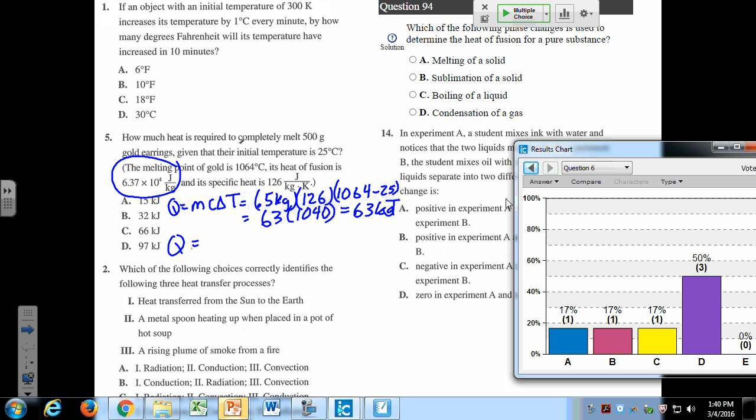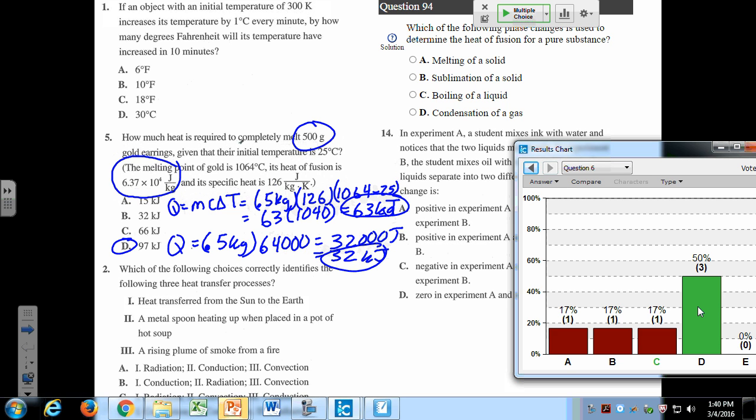That's my latent heat of fusion. And then this mass, so it's going to be 0.5 kilograms times, I'll just call it, 64,000. That's equal to 32,000 joules, or 32 kilojoules. All right, so I add this 63 and this 32, and D is the right answer.